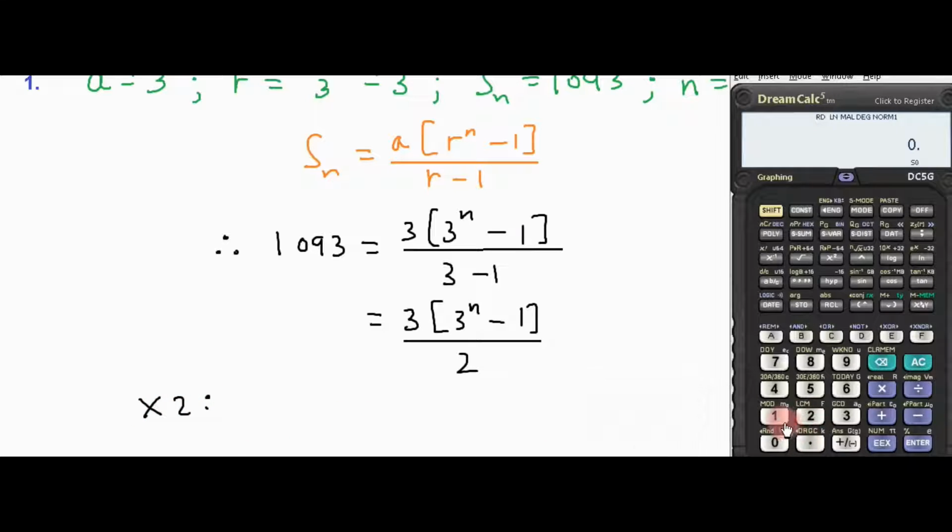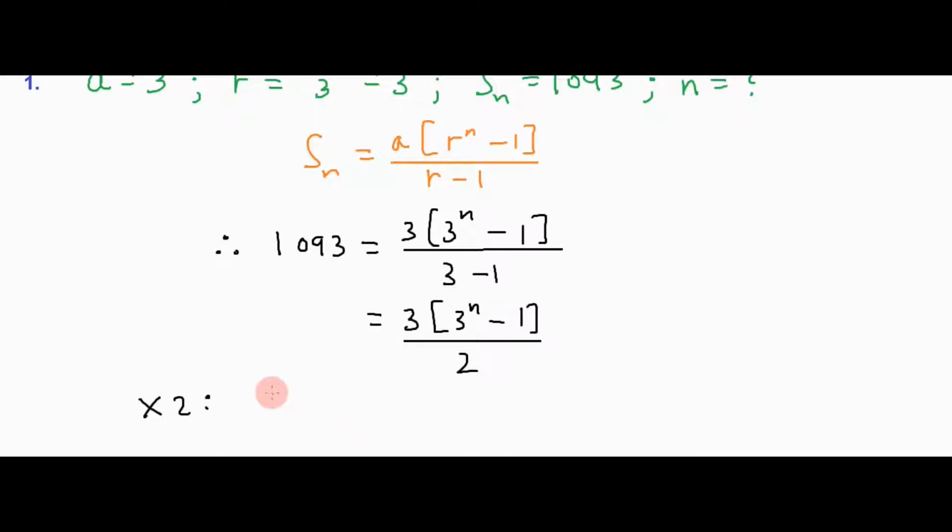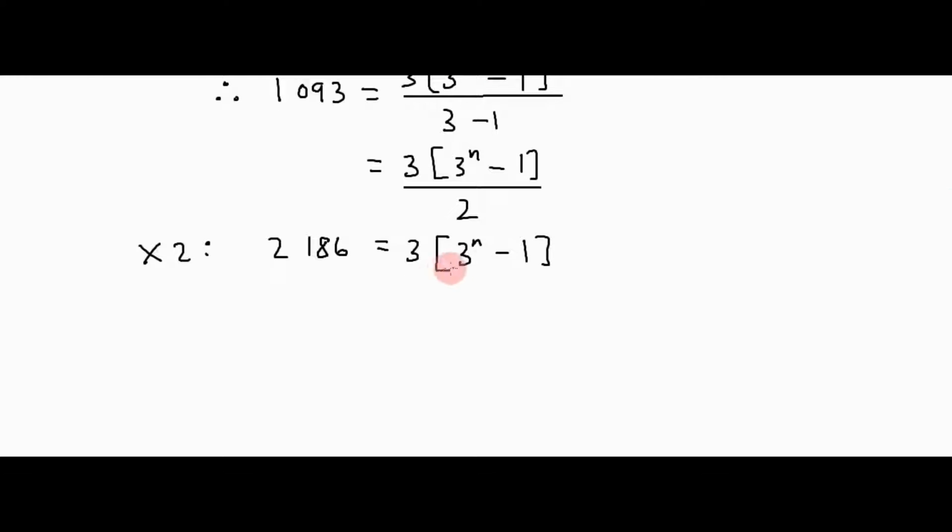So we have 1093 times 2, 2186, equals 3 into 3 to the n minus 1. We want to isolate n. We can divide the 3 into the 2186.